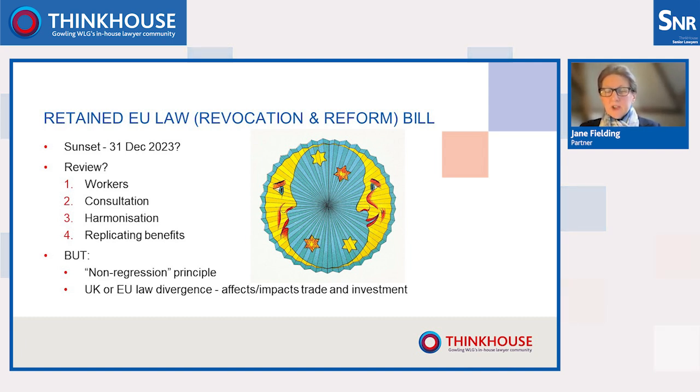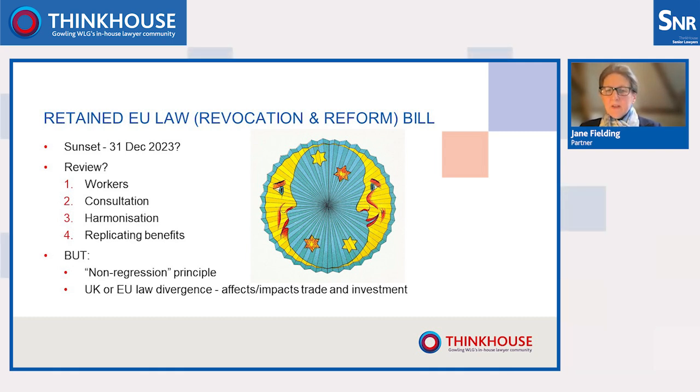So potentially they might make more strict the definition of who is caught by TUPE, change it from workers to pure employees. They might make consultation information a bit easier, or relax the rules on harmonising terms and conditions after a TUPE transfer, which we'll come on to see is quite tricky, or around replicating benefits. So the transferee having to put in place the same or substantially similar benefits to the transferor.